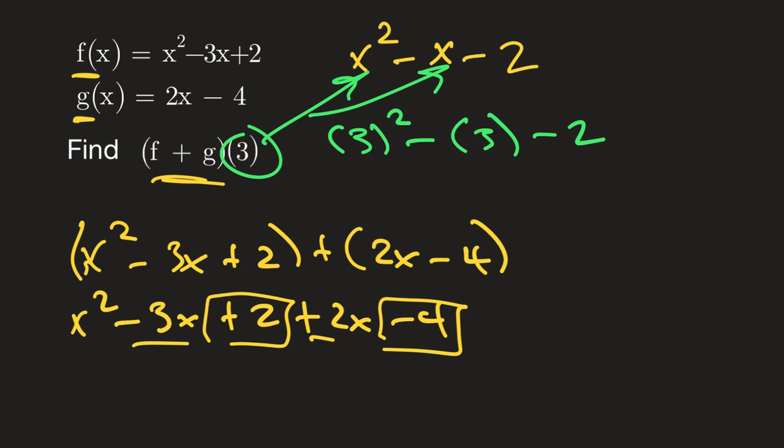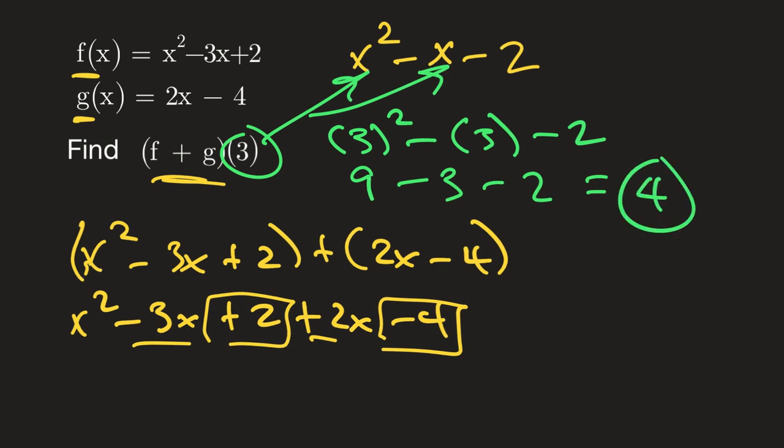So we plugged the 3 in. Guys, what's 3 squared? 9. Minus 3 minus 2. What's 9 minus 3? 6. And 6 minus 2? Boom, 4. That's what we're after. Once we add the two functions together, we evaluate that result for a value of 3. So 3 goes in, 4 comes out. Guys, functions are input-output machines.